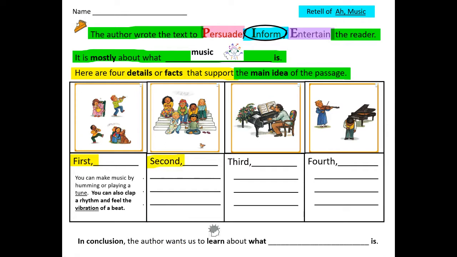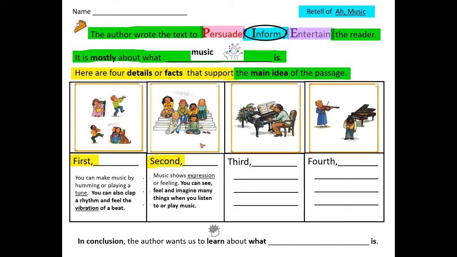Second, how does music make you feel, or what does music help you do? Second, music can, well, music shows expression or feeling.